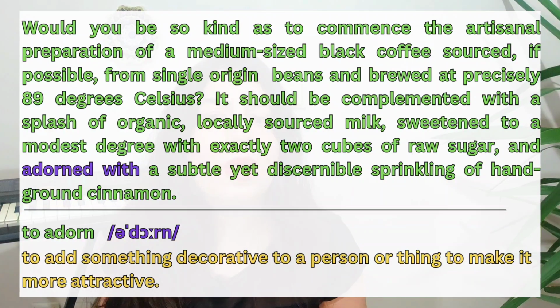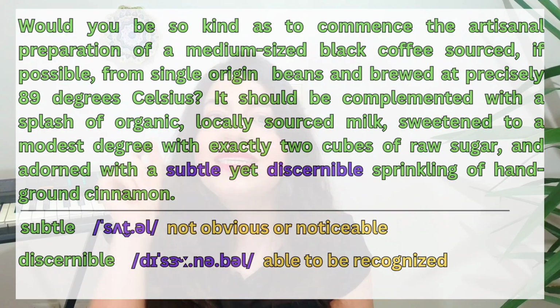The verb to adorn means to add something decorative to a person or thing to make it more attractive. We also have the adjectives subtle and discernible. Subtle means not obvious or noticeable, while discernible means able to be recognized.